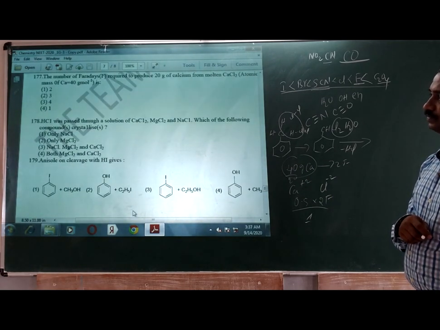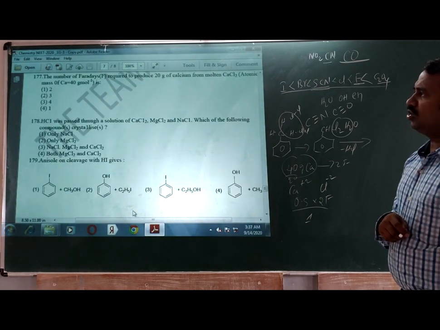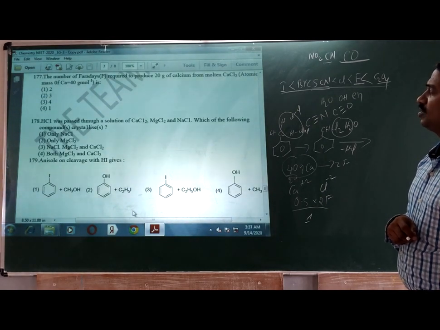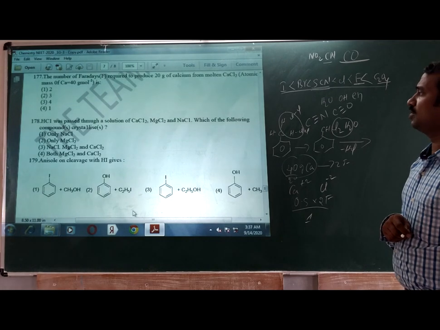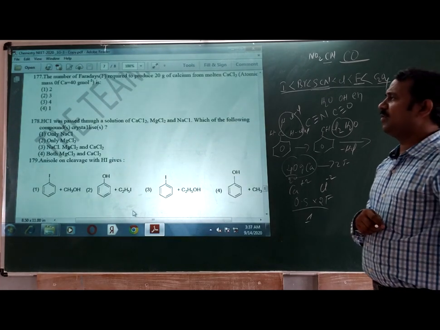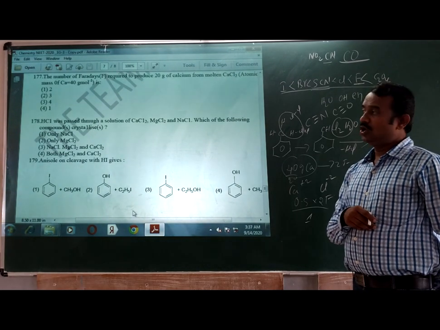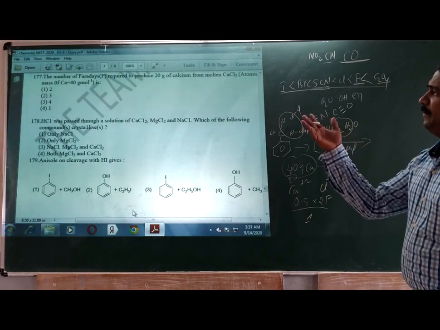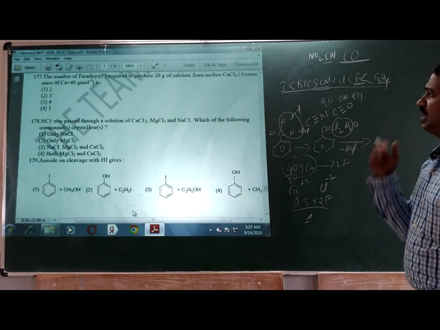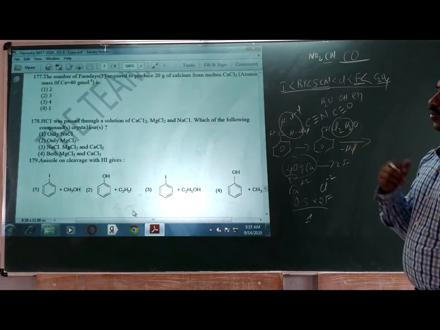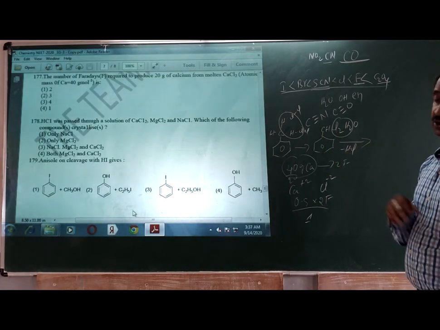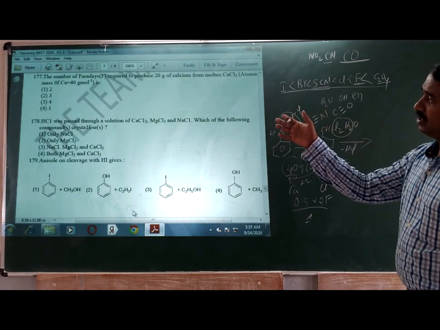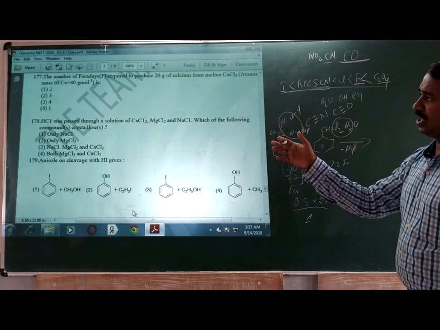Next one. Hydrochloric acid was passed through a solution of calcium chloride, magnesium chloride and sodium chloride. Which of the following compounds crystallizes? Which one is less water soluble compared to the others? When hydrochloric acid is passed, sodium chloride is less soluble than magnesium chloride and calcium chloride.